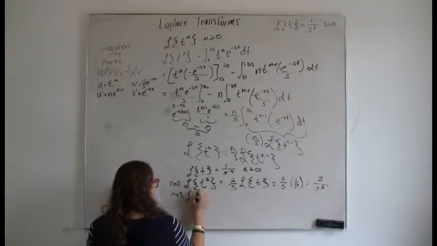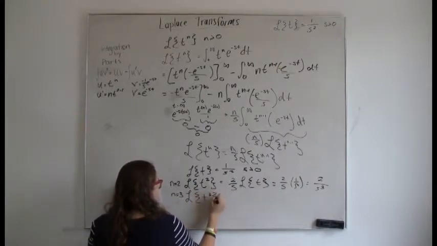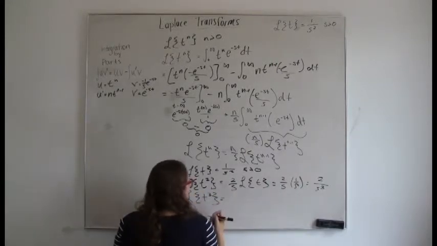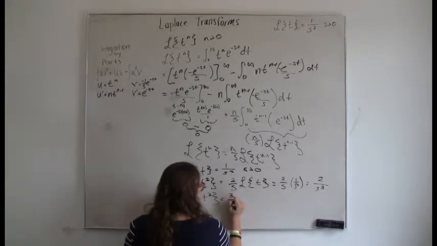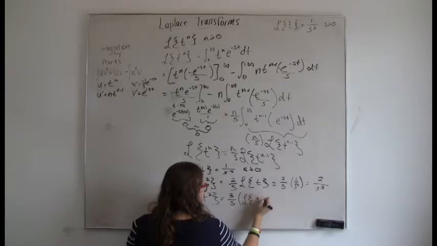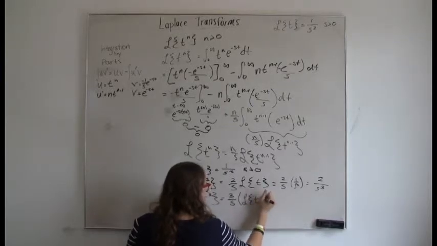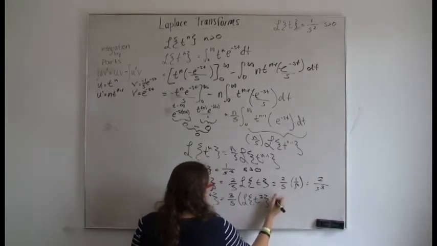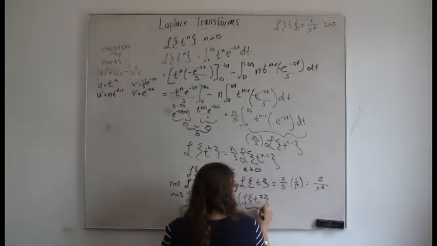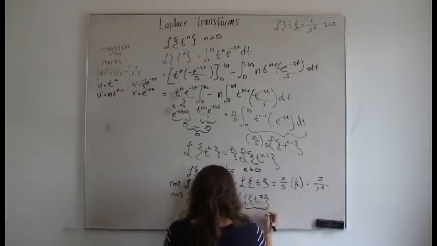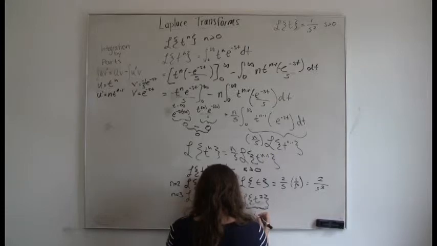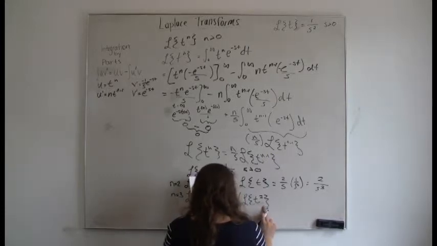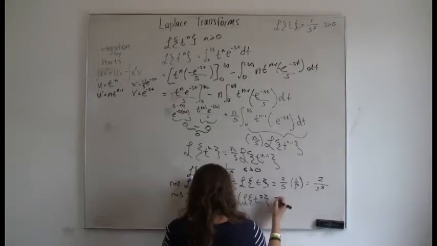When n equals 3, this means we're taking the Laplace transform of t cubed. So now n is 3, so we have 3 over s times the Laplace transform of, excuse me, 3 minus 1 is 2, which is equal to 3 over s times the Laplace transform of t squared, which let's write it out in not as simplified terms, but as 2 over s times 1 over s squared.